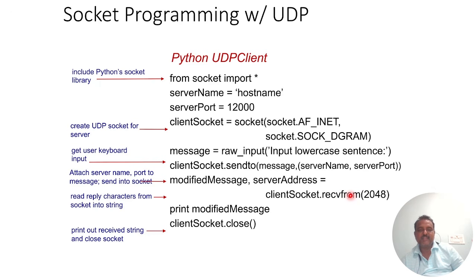If I use this method, it is going to attach the server name and the port number to the message, and then we close my socket. So this is a very simple program which explains how you create a UDP client by which we can communicate with your server.